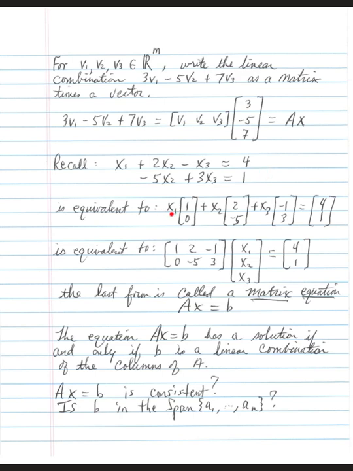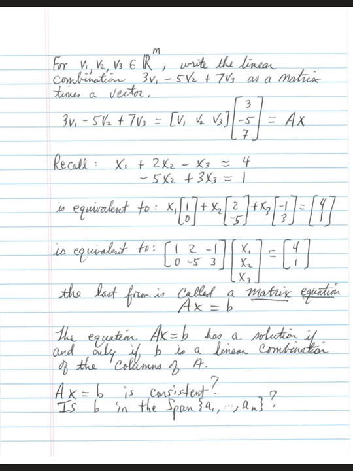This system is equivalent to this setup, which is also equivalent to these three vectors in matrix A times vector x, which has 3 entries, x1, x2, and x3, and it's still equal to (4, 1).